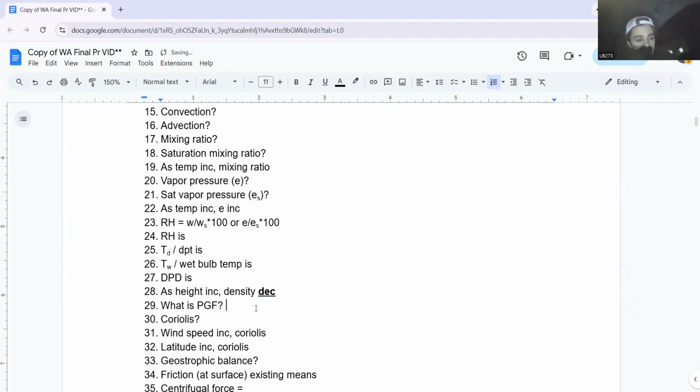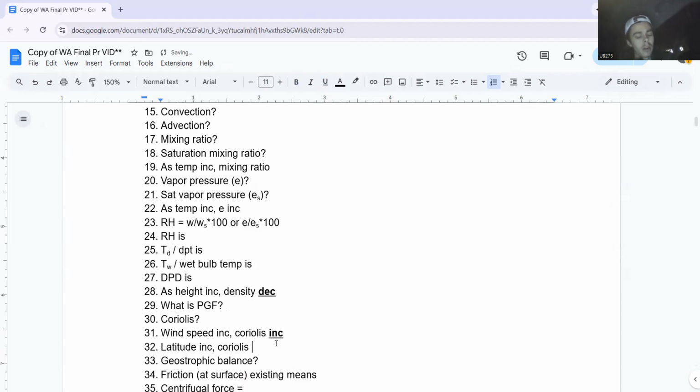What is the pressure gradient force? It is the force that causes wind to move from high to low pressure or even high to low height. What is the Coriolis force? It is the force that deflects winds to the right in the northern hemisphere due to the rotation of the Earth. As wind speed increases, so will the Coriolis force.